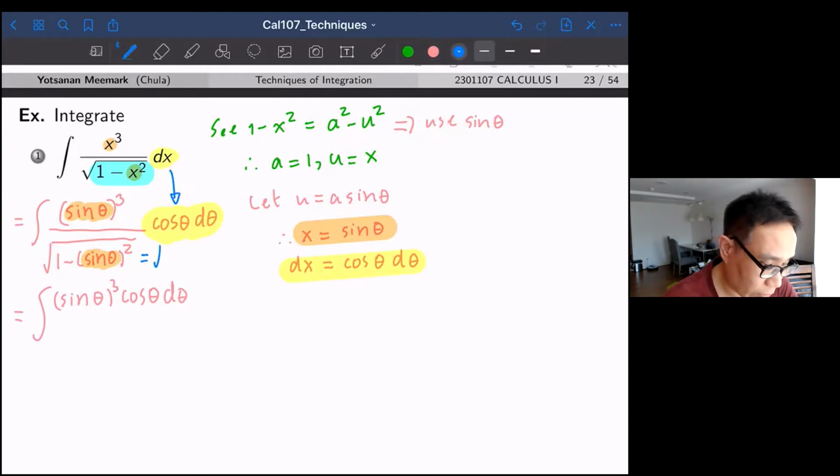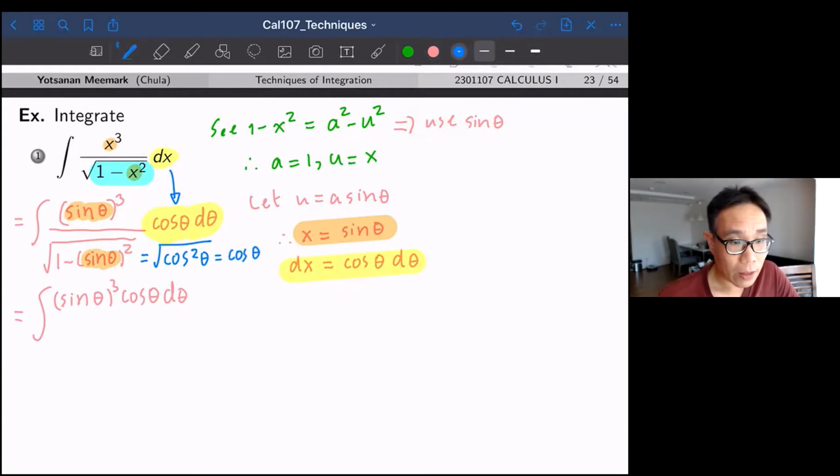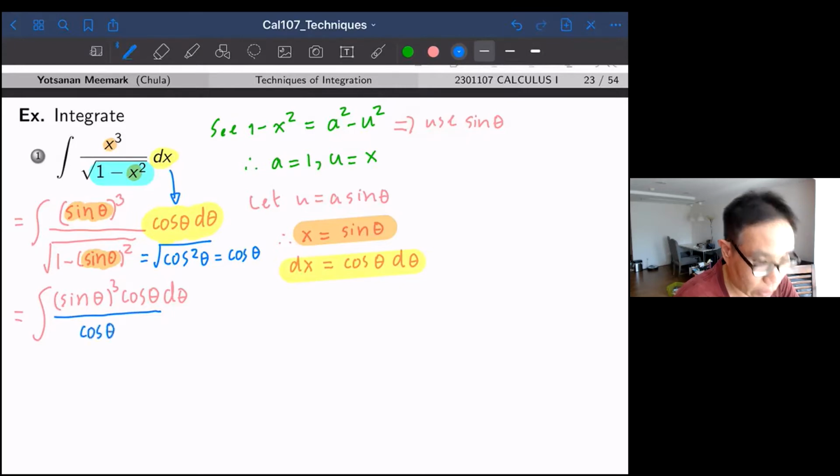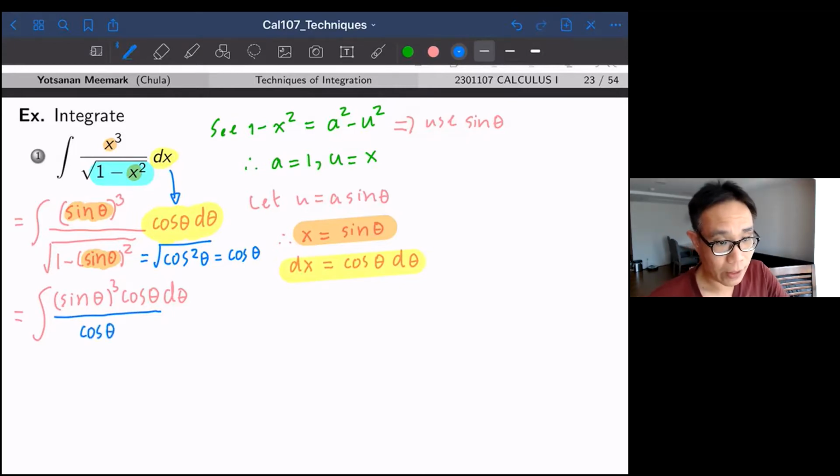And 1 minus sine square equals cos square, so the bottom one turns out to be the square root of cos square, which is cos theta for the bottom.